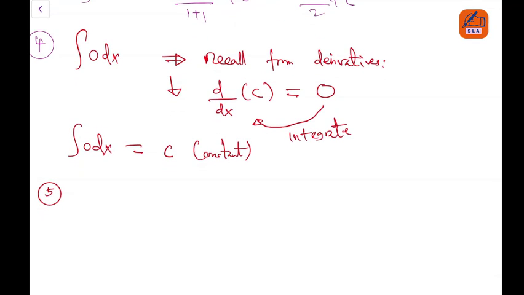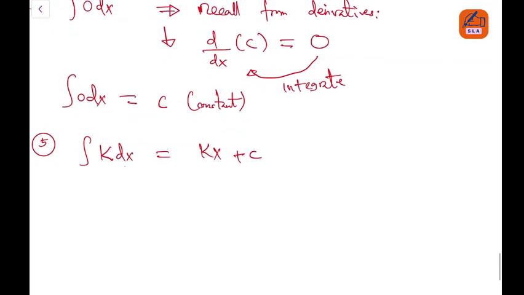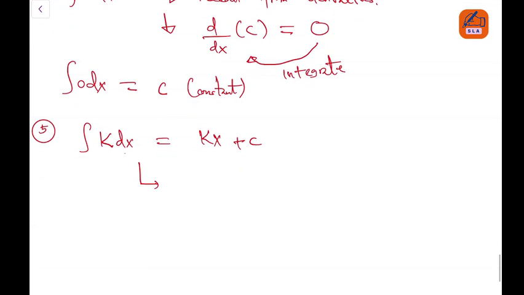Also, when you integrate k dx, this is a very special one too. When you integrate k dx, you just bring it here and it becomes kx plus c. Where does it come from? Let's remember this one.